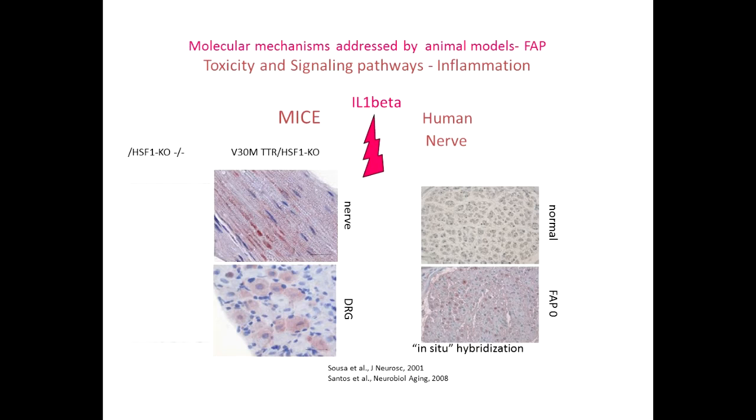And this way we achieved not only prefibrillar deposition in nerve, but also if we stain for IL-1 beta, we see it is activated not only in nerve, but also in dorsal root ganglia, DRG.